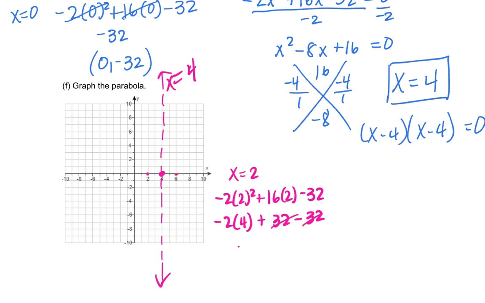So negative 2 times 4 is negative 8. So 2, negative 8 is a point. Well, if I'm 2 steps away from my axis of symmetry, can I go 2 steps away on the other side since that is the middle? So 1, 2. So I don't have to do that again. I don't have to worry about the 6. So I can just get an idea of what this looks like.